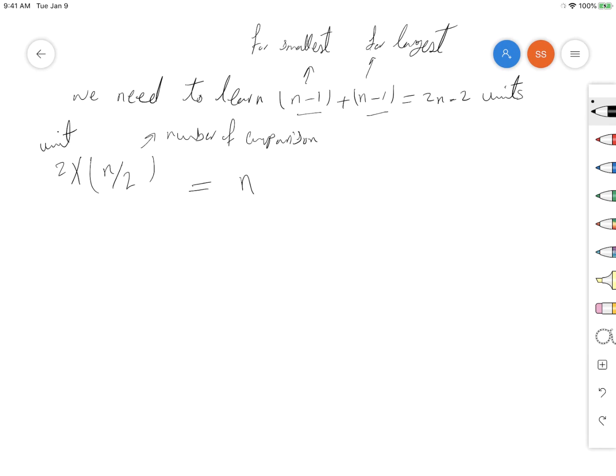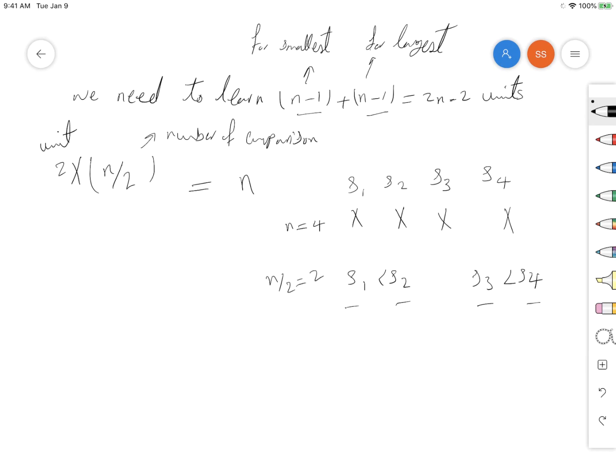As an example, let's say we have S1, S2, S3, and S4, and for now all of them have the status unknown. Let's say we compare S1 with S2, and also S3 with S4. We are going to get 2 pieces of information here and 2 pieces of information here, and the number of comparisons is n divided by 2. So n is equal to 4, and the number of comparisons is 2.